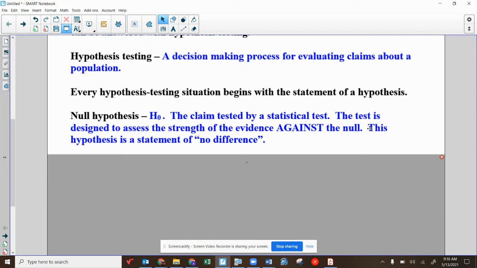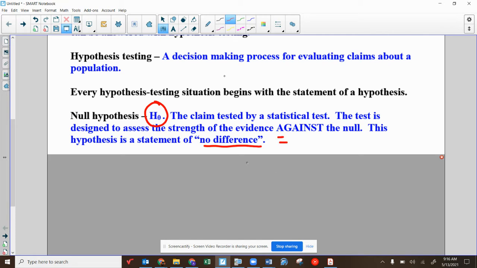The null hypothesis is going to be first. The symbol for the null hypothesis is H sub 0. This is that there is no difference, meaning that this is going to be equal to.